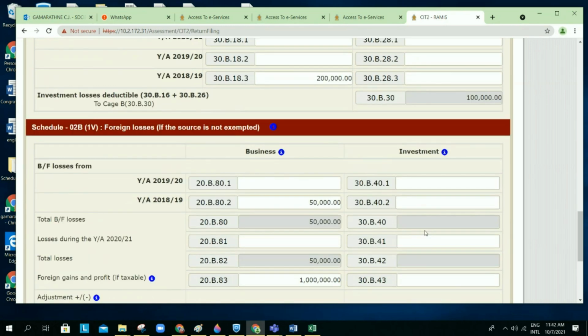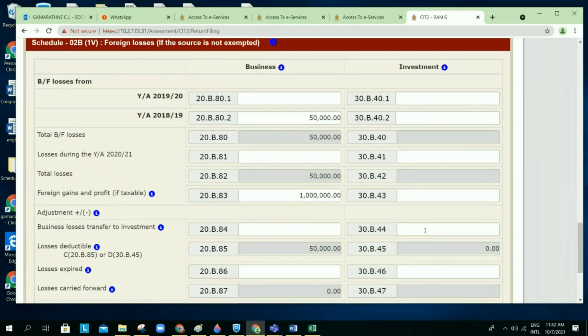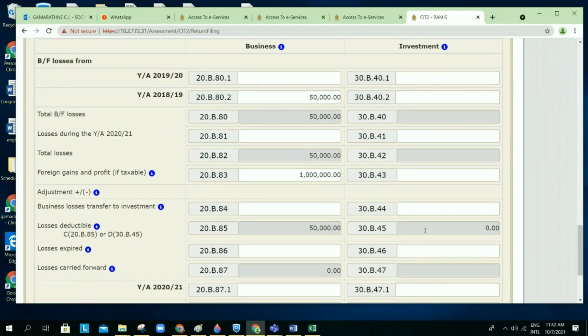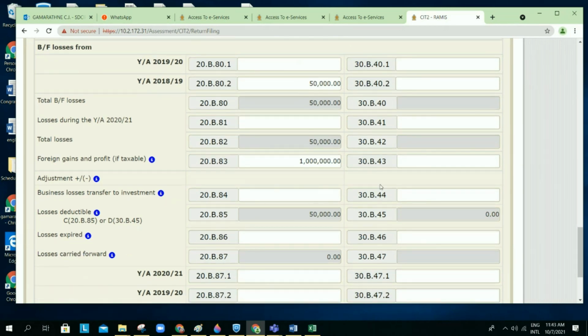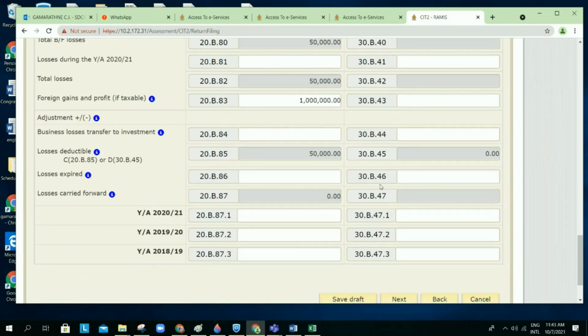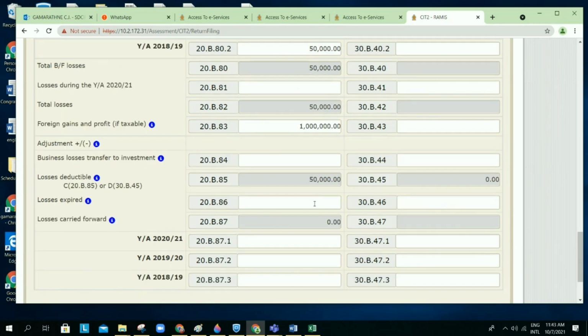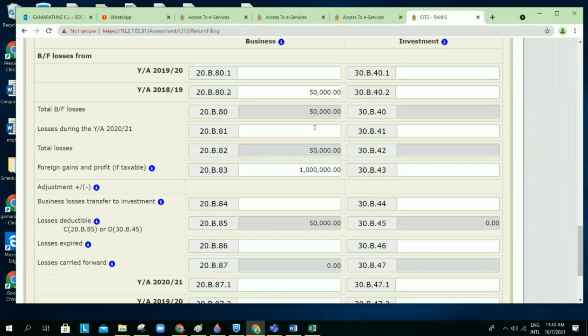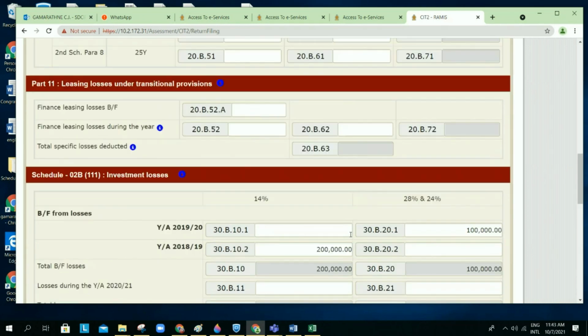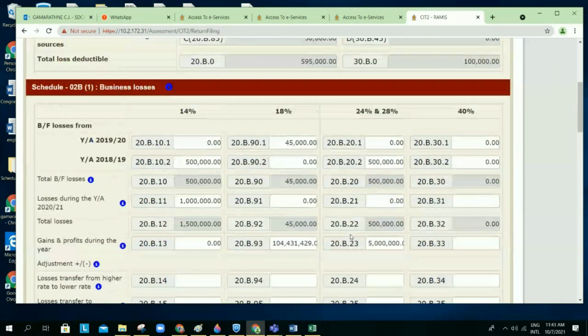Okay. Then the foreign loss schedule also has the same structure. I am not going to explain much more. As per our example, there is foreign business profit of 1 million and brought forward business losses of 50,000. You can claim the 50,000, and this value goes to here.